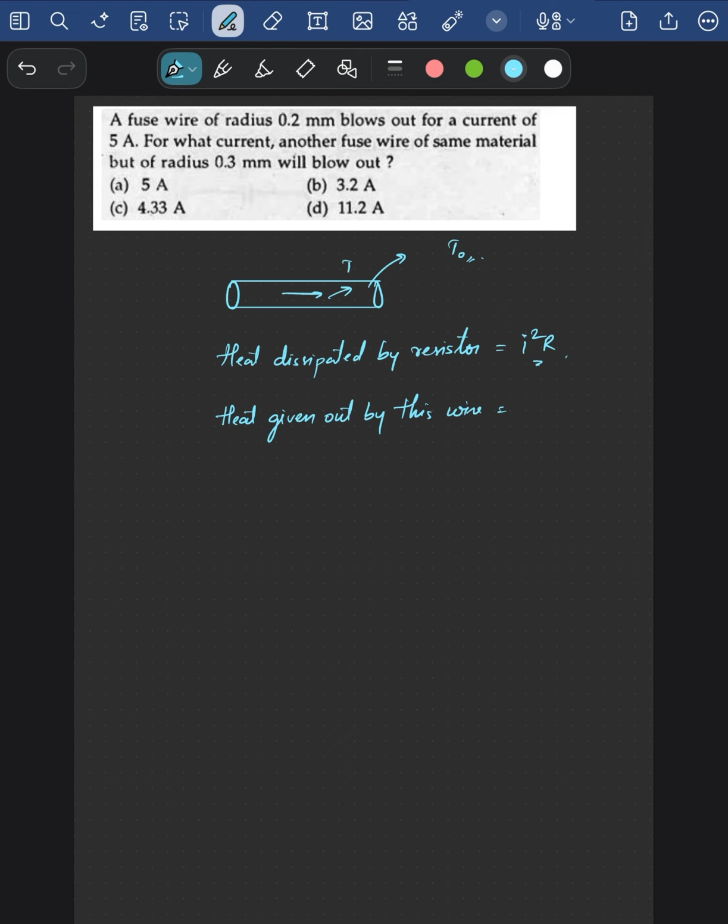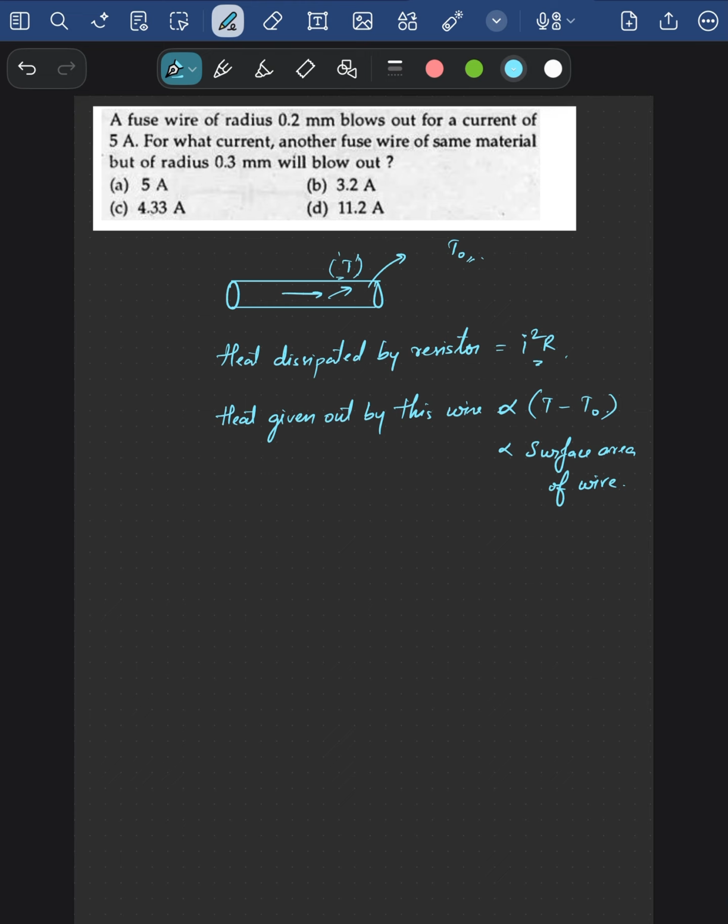We'll write the equilibrium condition, when the wire has attained a constant temperature T in a surrounding of temperature T naught. The heat it gives out is proportional to T minus T naught, and also proportional to the surface area of the wire. This is Newton's law of cooling, which we make use of here.